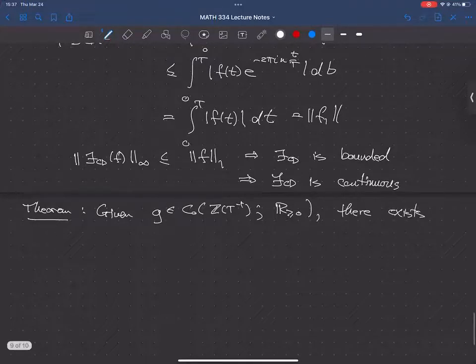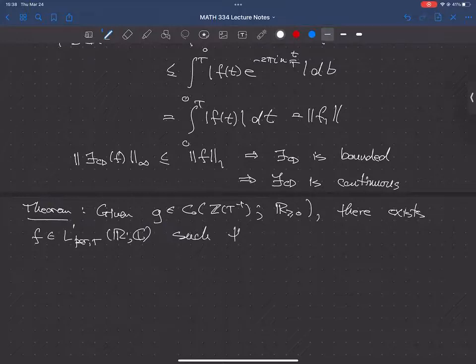an f in L1 per such that the CDFT of that decays to 0.